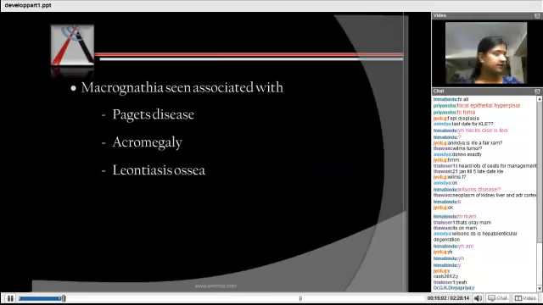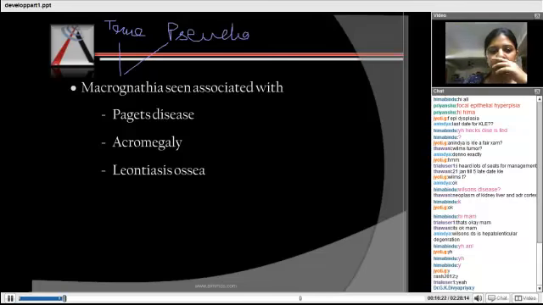Now let's go to macrognathia, where we talk of large jaws. When it comes to macrognathia, you have true macrognathia and relative macrognathia, or the pseudo one. True macrognathia is where there is an actual enlargement, an actual large jaw.